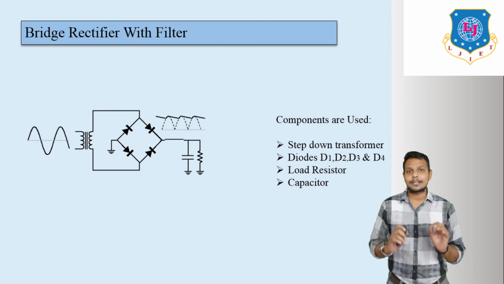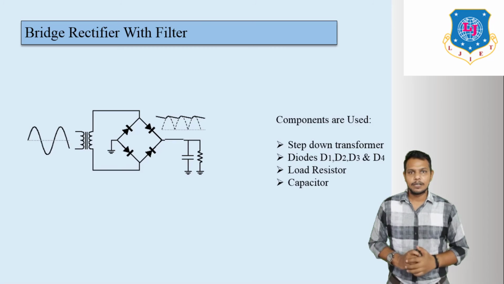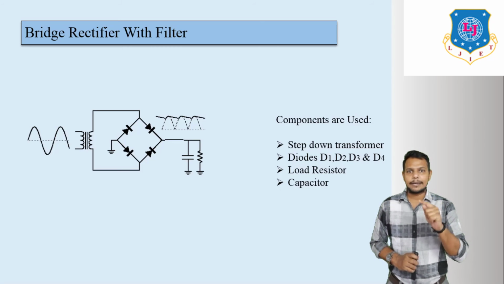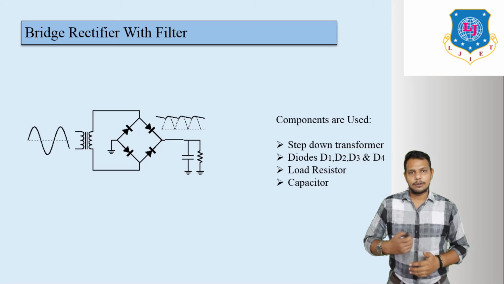But here a capacitor is placed, so the capacitor works by charging and discharging. First the capacitor is charged, then after that it discharges. We can see here one line that indicates the capacitor is discharging, then the upper line shows the capacitor is charging.